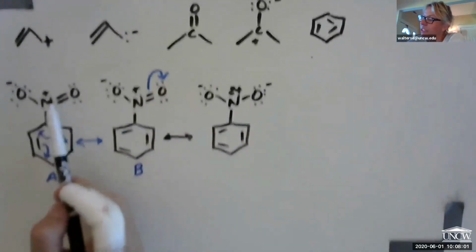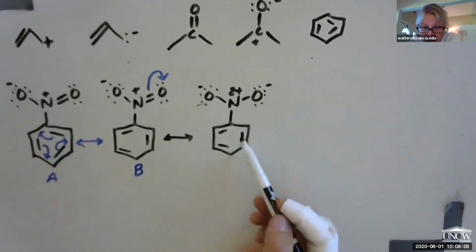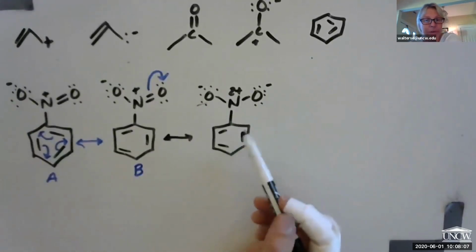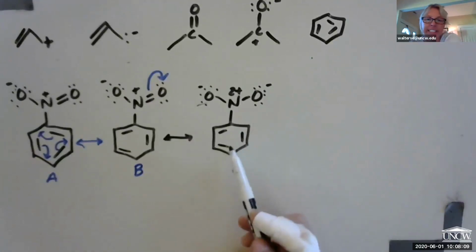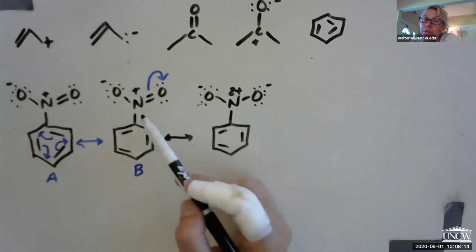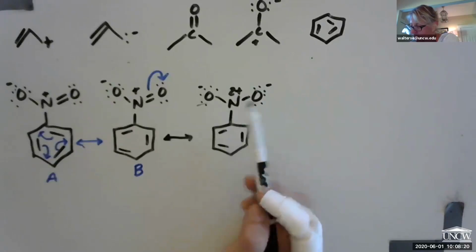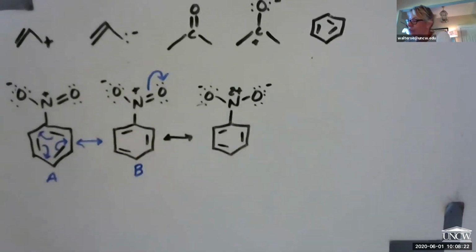This one is neutral, this one is neutral. Now this is not a good, it's not a major contributor. This would be considered insignificant because nitrogen, if it doesn't want to have a plus charge, it's certainly not going to want to have a +2 charge. But still, I can draw it.